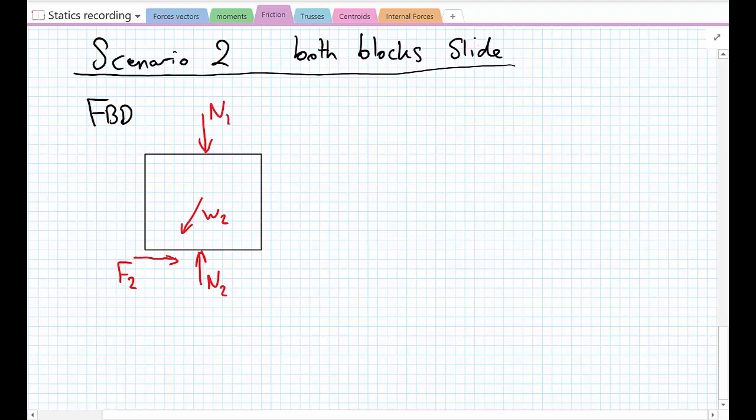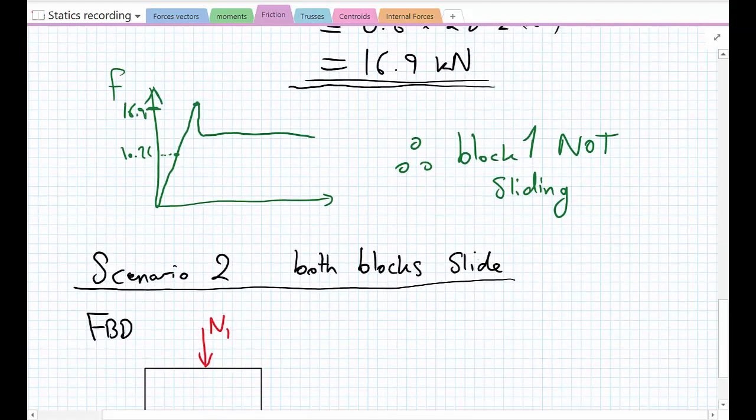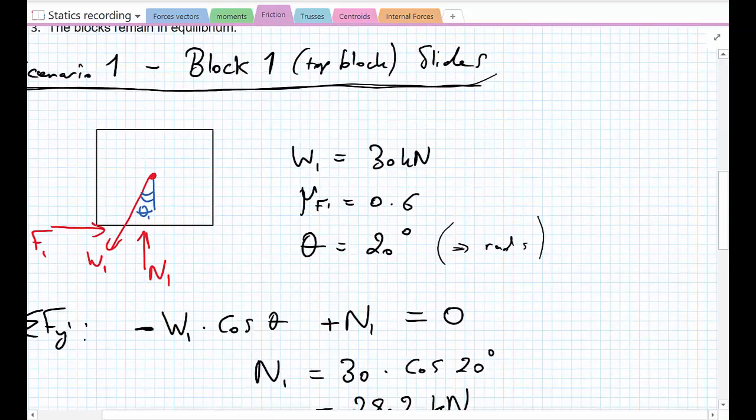So the N1 we calculated is now acting on block number 2. Finally now, we have a friction force keeping block 1 and block 2 kind of glued together. And let's go back up.